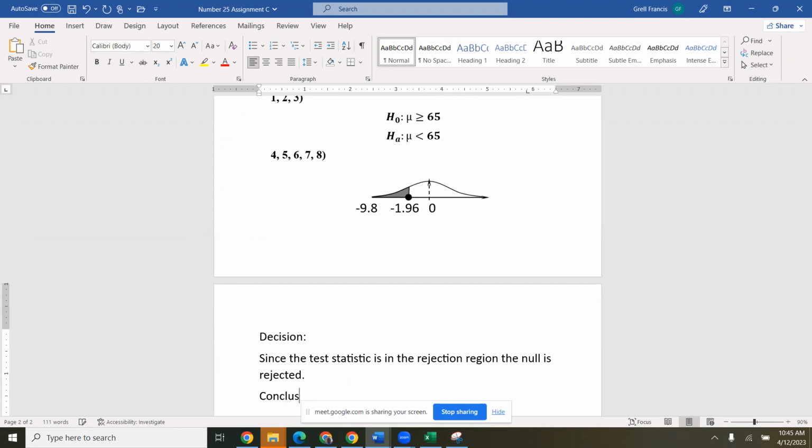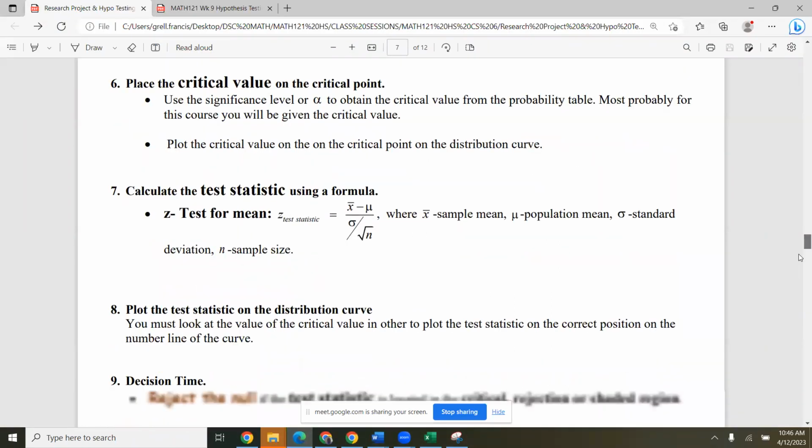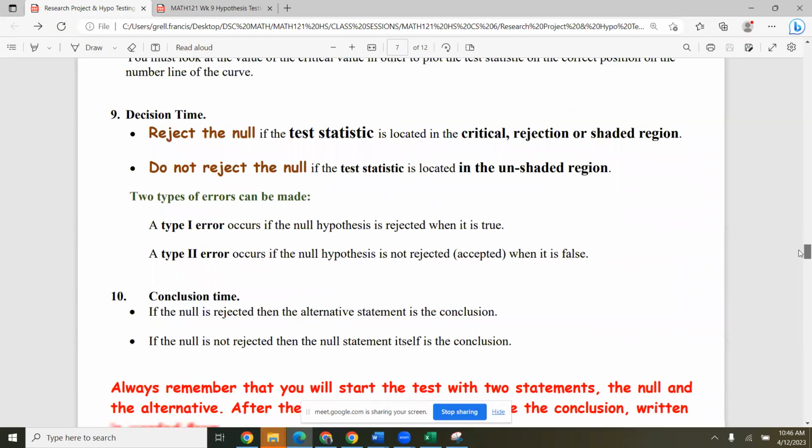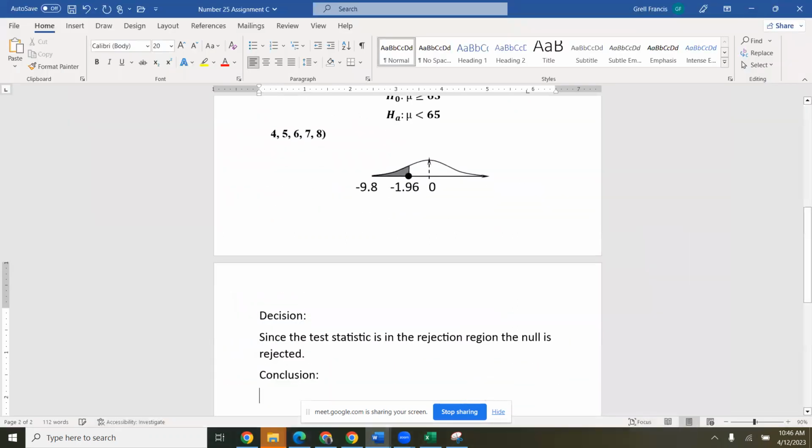And the conclusion time, remember it says for step number 10, which is conclusion time. If the null is rejected, then the alternative is the conclusion. If the null is not rejected, then the null itself is the conclusion. We rejected the null, so therefore the alternative is the conclusion.